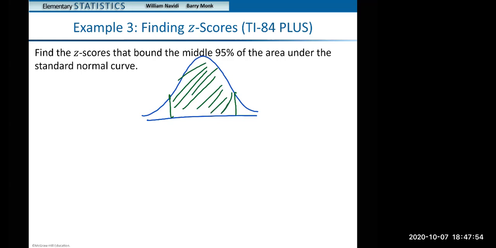So the shaded part is 0.95. And since there are 2 lines here, meaning you should have 2 answers, 2 z-scores. One is on the negative side, one is on the positive side. Okay? So, again, it's second VARS, inverse norm.